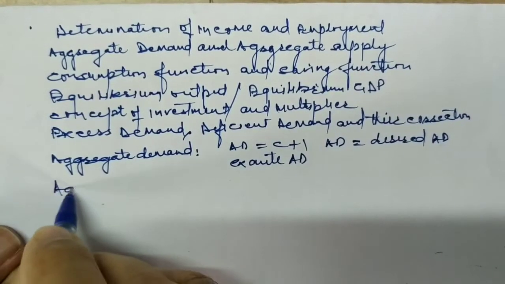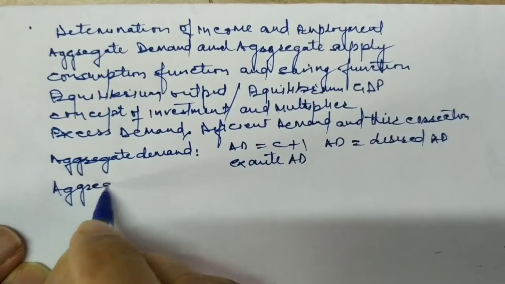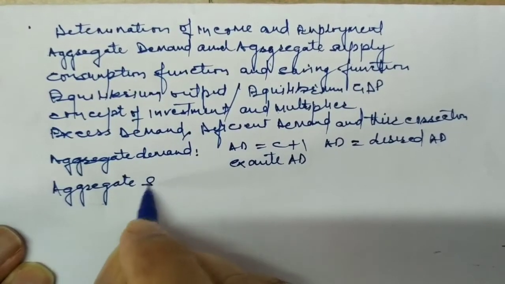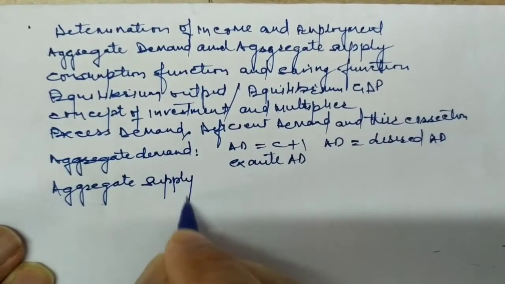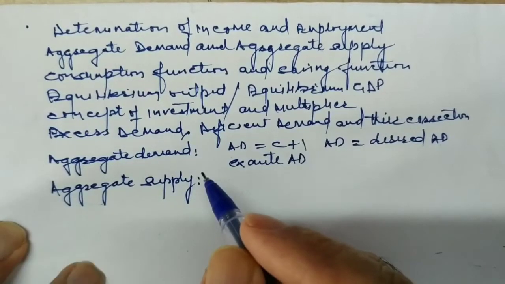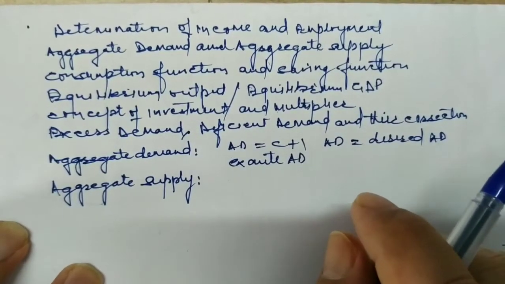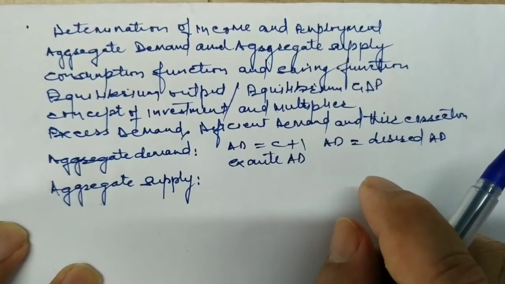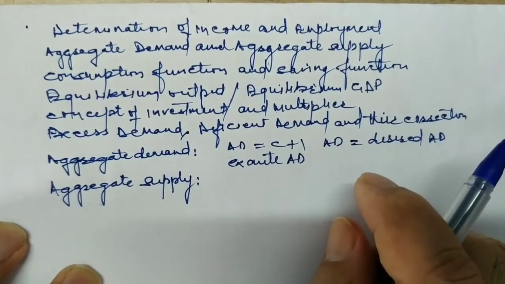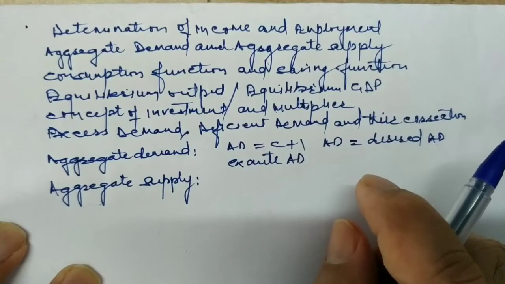Aggregate supply is measured as planned output of goods and services during a period of time, generally 1 year.